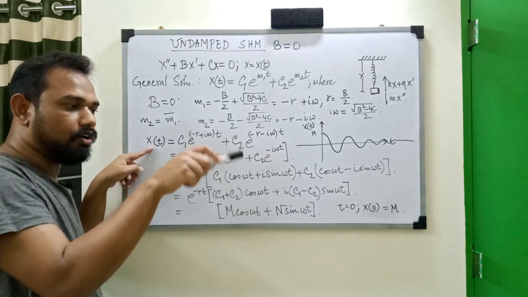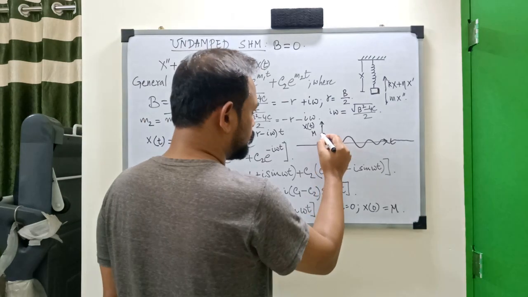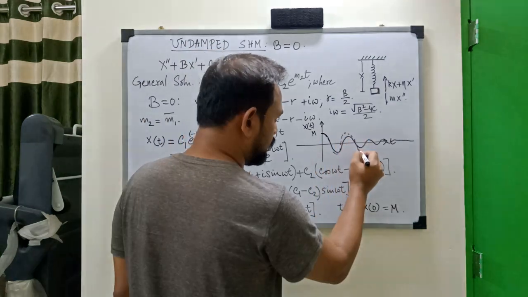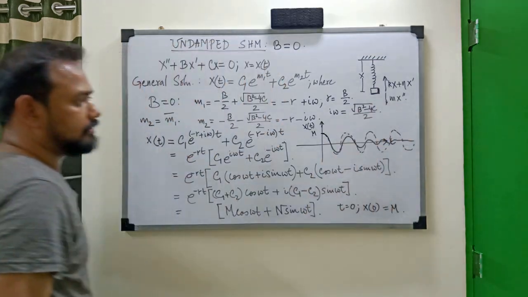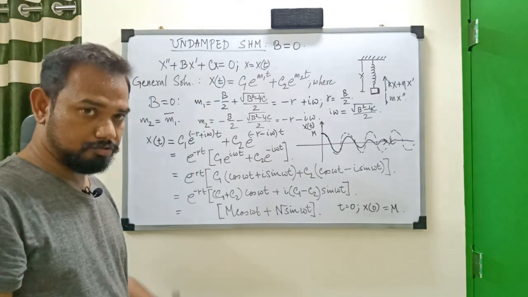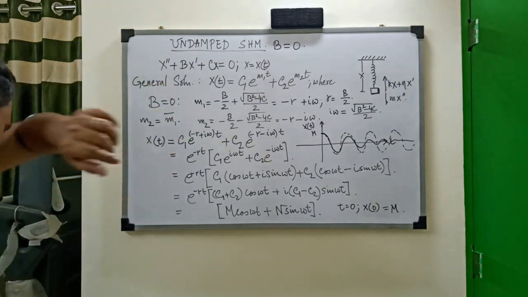It's just going to go on and on for the rest of time. It is just going to start at m and go on with the same amplitude. And that's the simple harmonic motion, but undamped. So not reducing at all. All right, very good.